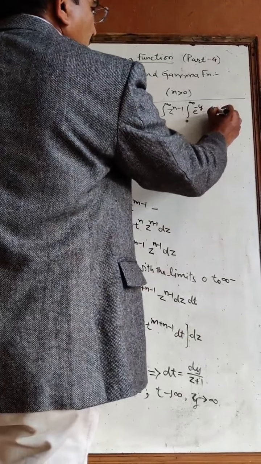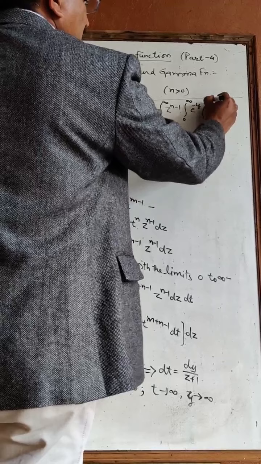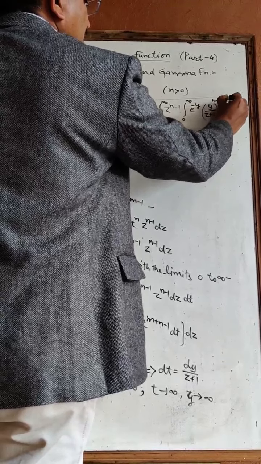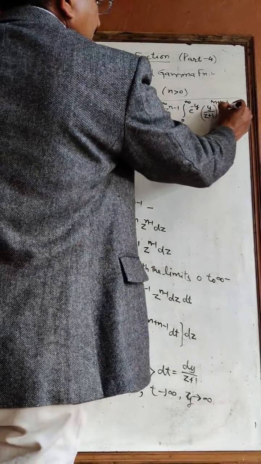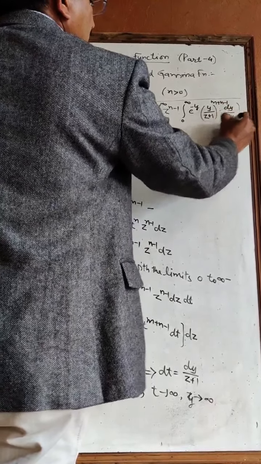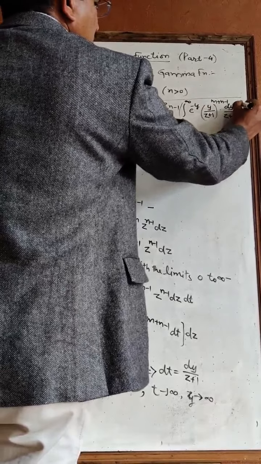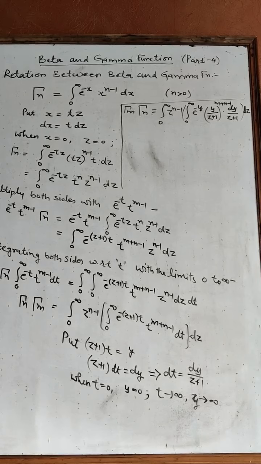So y over z plus 1 raised to the power m plus n minus 1 into dy over z plus 1, and it would be integrated with respect to z.